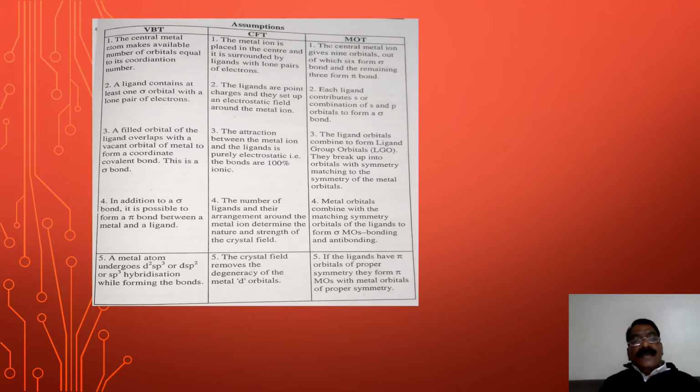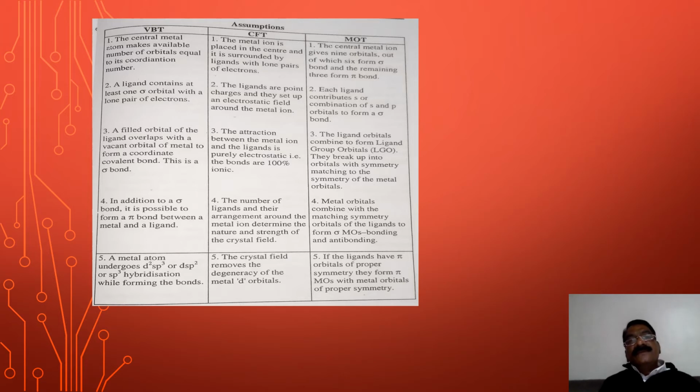Third, attraction between the metal ion and the ligand is purely electrostatic, that is, the bond is 100% ionic. Fourth, the number of ligands and their arrangement around the metal ion determine the nature and strength of the crystal field. And fifth, the crystal field removes the degeneracy of metal d orbitals.